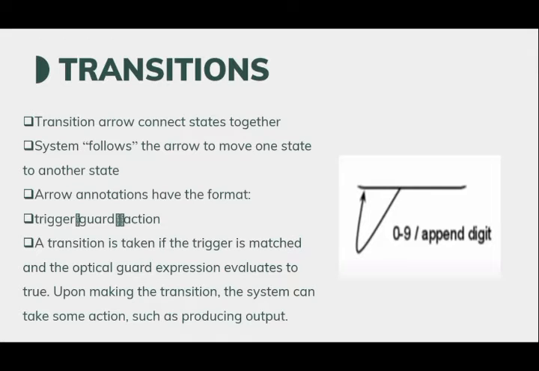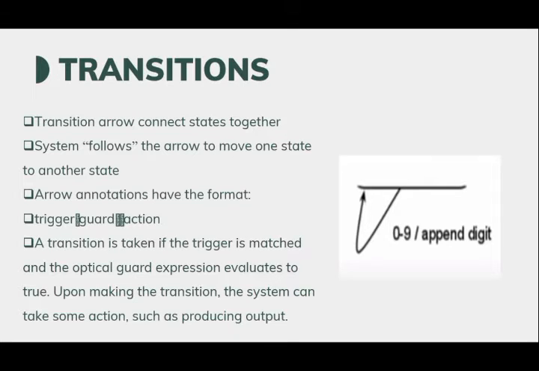Next is the transition. Transition arrows connect states together. The system follows the arrow to move from one state to another. The arrow's annotation has the format trigger, guard, action. A transition is taken if the trigger is matched and the optional guard expression evaluates to true.